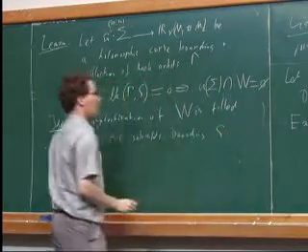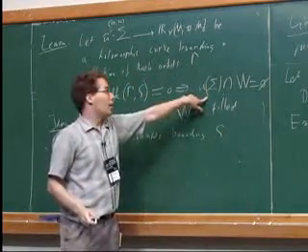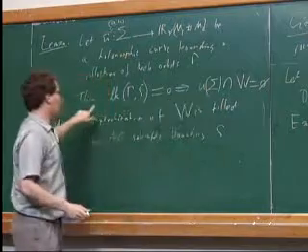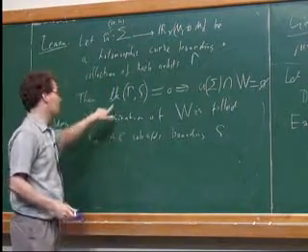And what happens if you have a non-empty intersection, then by positivity of intersection you get a positive contribution to the linking number.